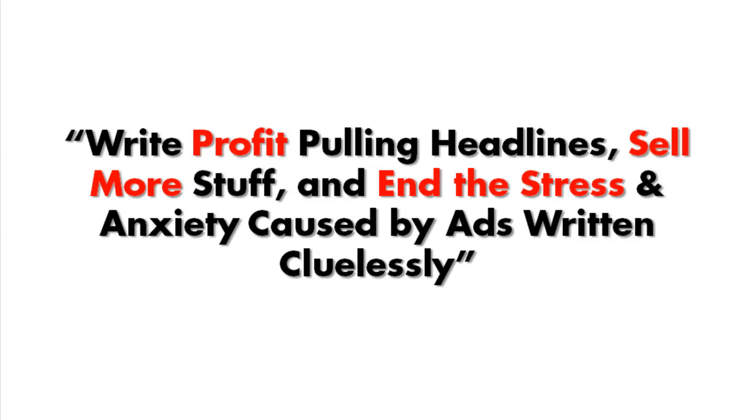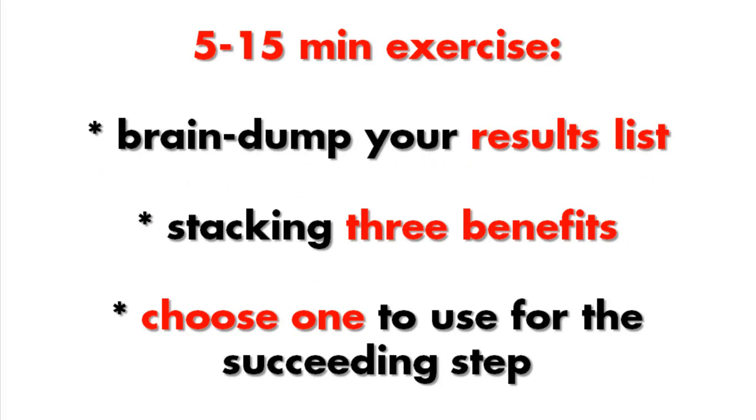Now, a little thing about step 1, our finish line result. You can actually do this exercise within just 5 to 15 minutes, from brain dumping your results list to stacking 3 benefits from that list again, and up to choosing one for the succeeding step.